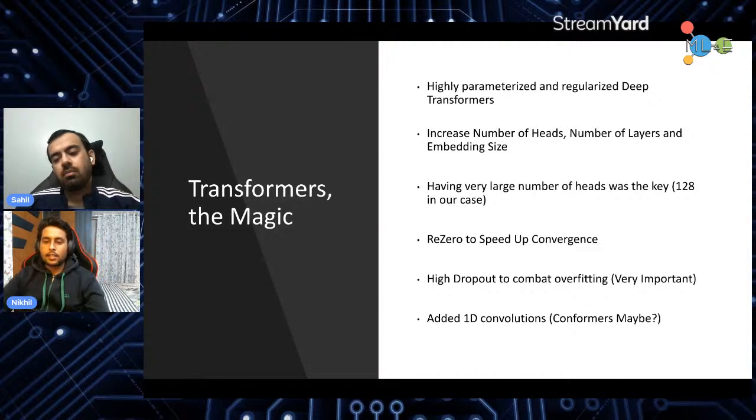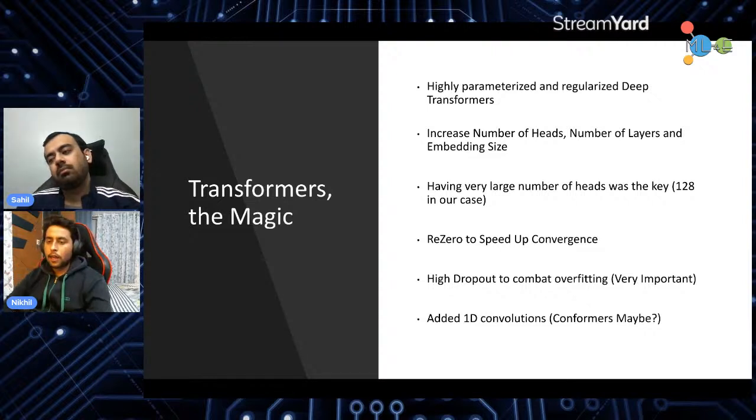And then as and when we over parameterized our model more, we added more and more dropout, right? So at the end, we had a dropout of actually 0.8, right? So that basically means your dropping chances are 80%, which is really high for any neuron. But then again, it helped our model, right?